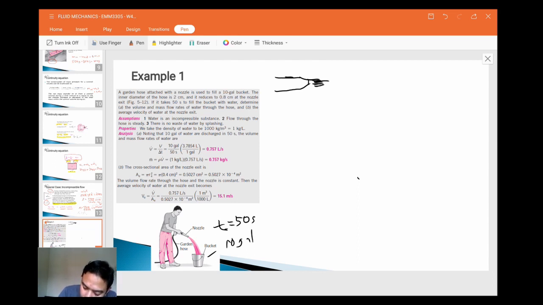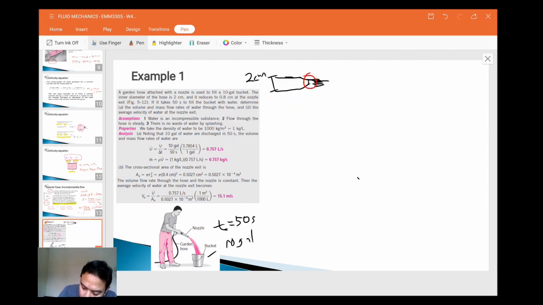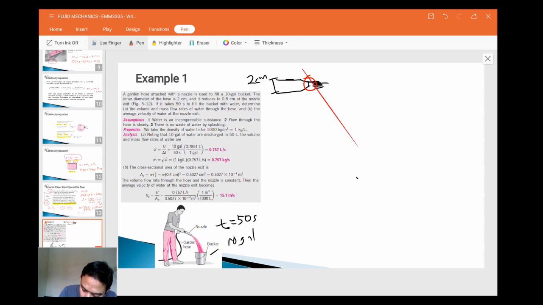So here the D is 2 cm, and here D is about 0.8 cm. So this happens at the nozzle area.